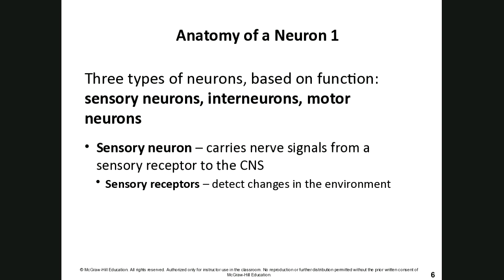Those cones and rods perceive color, shape, anything that you're looking at in your external world. Those sensory neurons are then connected to the optic nerve that goes straight to your brain. So those sensory receptors, bipolar photoreceptors in your eye, detect changes in light and changes in the environment.